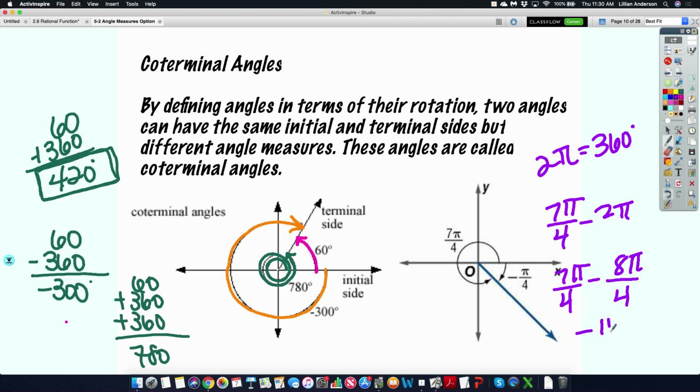Negative 1. If you notice, pi is almost like a variable here. It's not that irrational number. Okay? Treat it as such when you are trying to find coterminal angles. Okay? 7 over 4 minus 2. That's why I asked about the fraction and the whole number thing. Okay?